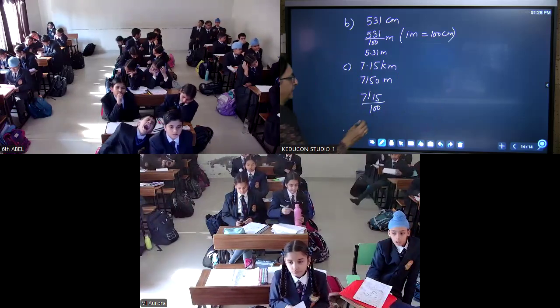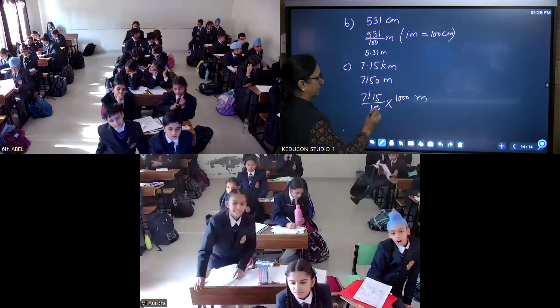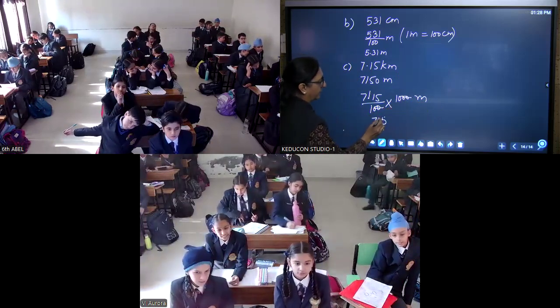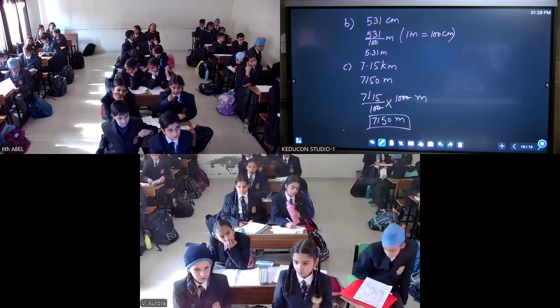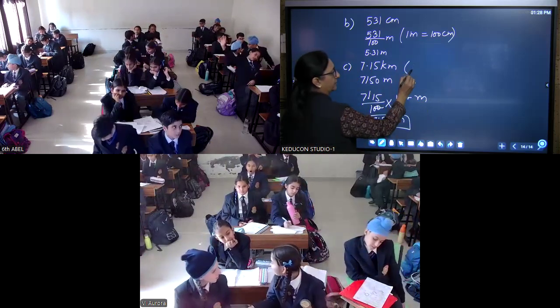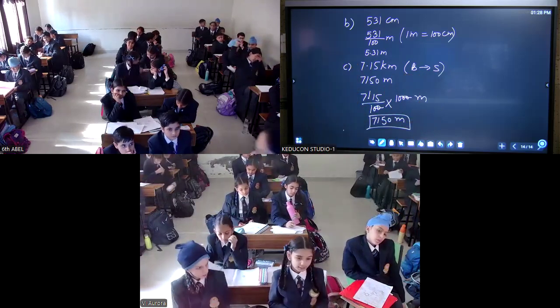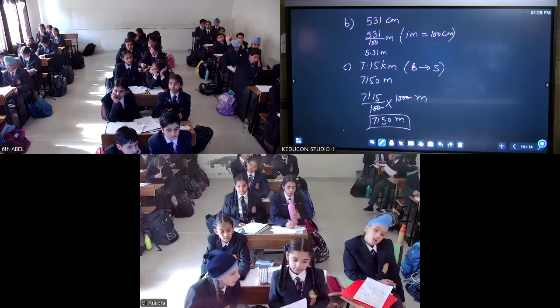Multiply. We will multiply by 1,000 meters. So 2 zeros will go. That's why it is 715 meters. This is from big to small. Big to small. Okay, remember B to S. That's where we are multiplying and we cut the zeros.